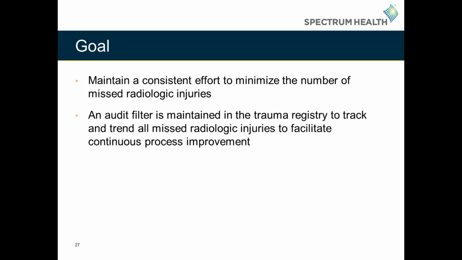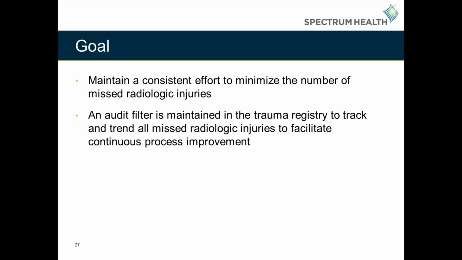We want to keep this on the radar. Our goal would be to have a dual process. That's something we would like in the future, but it's just not possible at this point. So since we don't have that, what can we do in the meantime? As I said, we have this audit filter that's maintained in our registry to track.